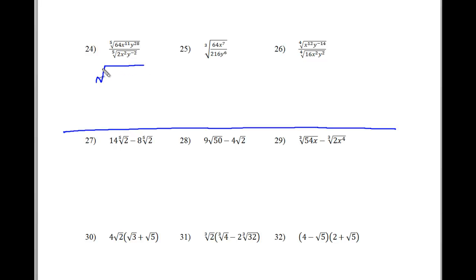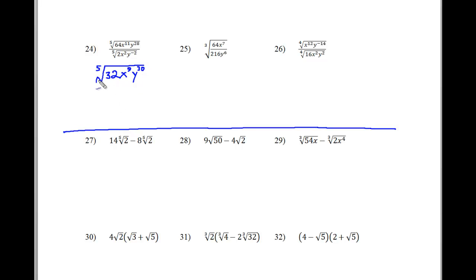So let's put a fifth root in here. 64 divided by 2 is 32. Then 11 minus 2 is 9. And 28 minus negative 2 is 30.